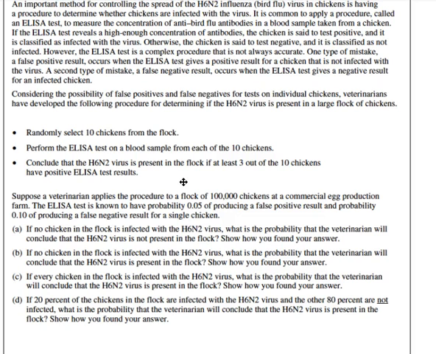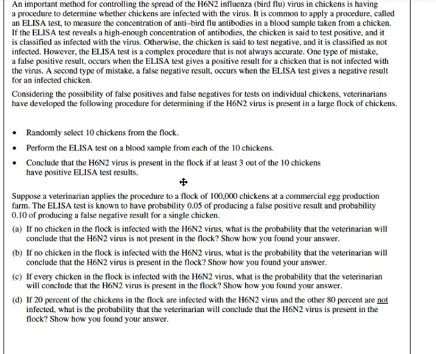It is common to apply a procedure called the ELISA test to measure the concentration of anti-bird flu antibodies in a blood sample taken from a chicken. If the ELISA test reveals high enough concentration of antibodies, the chicken is said to test positive, and it is classified as infected with the virus. Otherwise, the chicken is said to test negative and is classified as not infected.